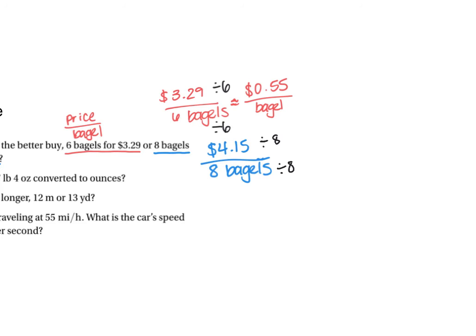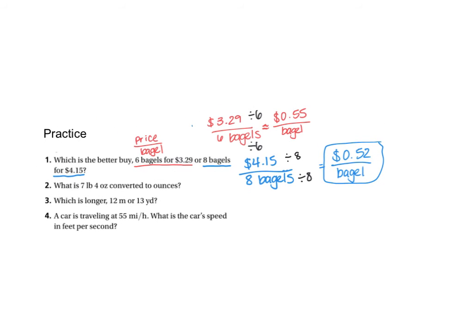Once we divide by 8, we get 1 bagel on the bottom, and $4.15 divided by 8 on the top. Doing that, we are left with 52 cents. Obviously, the second one is cheaper, so it is a better deal to go with 8 bagels for $4.15.